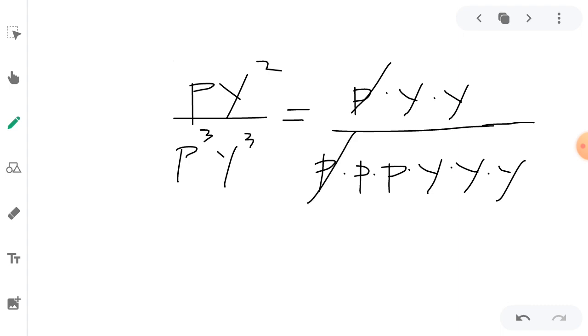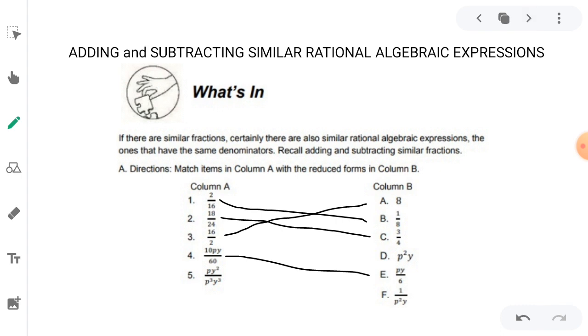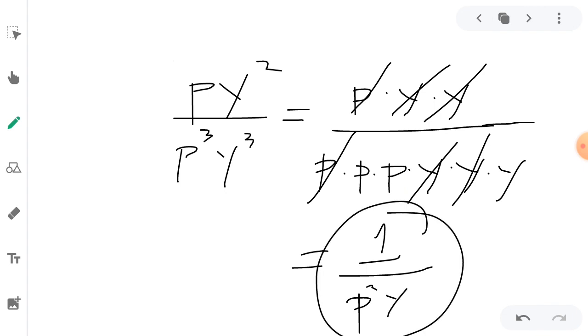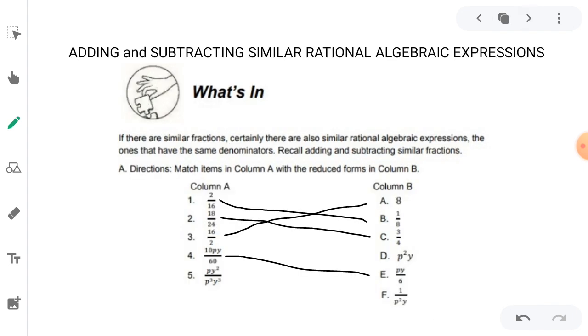So, cancel natin. And then, yung y, cancel din natin. So, ang natira is, ano yung natira? Yung natira is 1 over p squared y. So, the answer is 1 over p squared y. So, it is letter F.